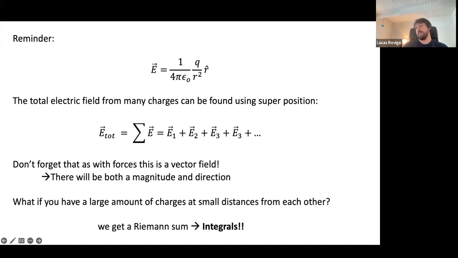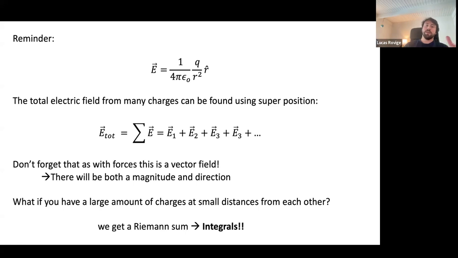If you have a dipole, it's made of 2 monopoles, or two single charges. So if you want to get the electric field of the dipole, you can just sum the 2 contributions of the 2 charges for all the positions, and then you get the value for the dipole. And if you have 4 charges, you just do the same thing with the contribution of single charges, and you get the contribution of this system.